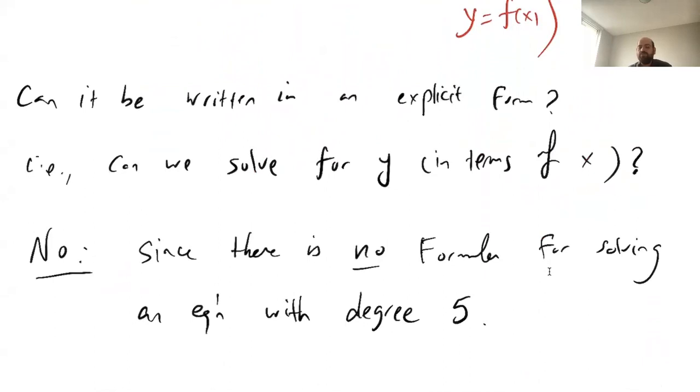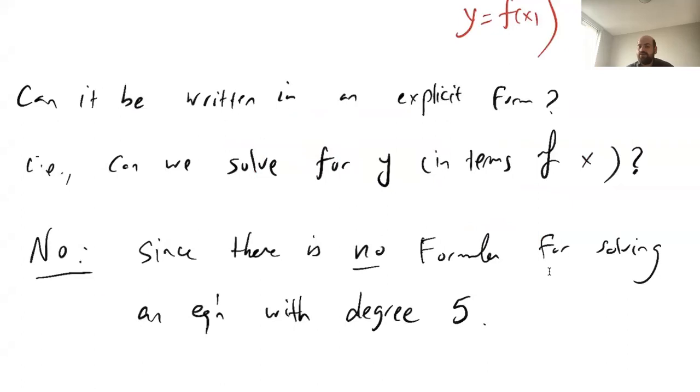No matter what level you're looking at, it can be proved. You may say, okay, maybe mathematicians have not discovered the formula for degree 5 yet, and maybe in the future they will derive a formula for solving a degree 5 equation. But the answer is no, that's not the case. Mathematicians have proved that an equation of degree 5 cannot be solved using a closed formula.